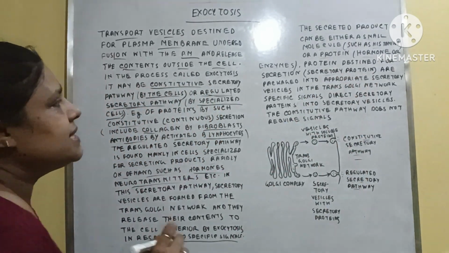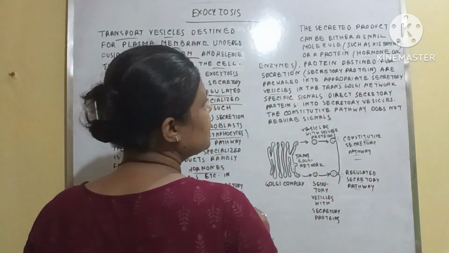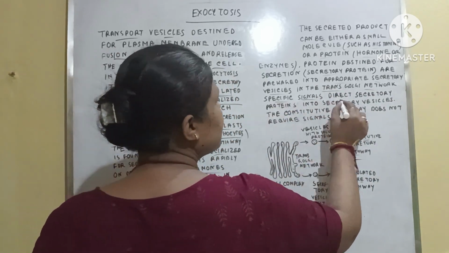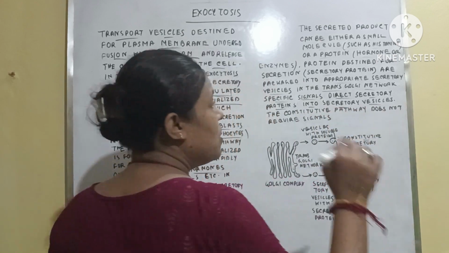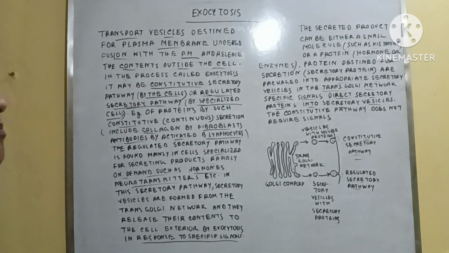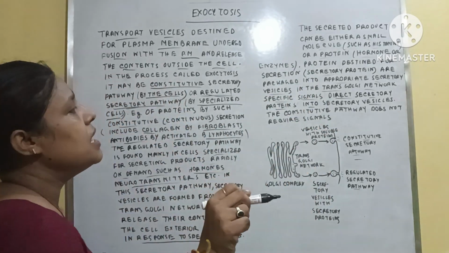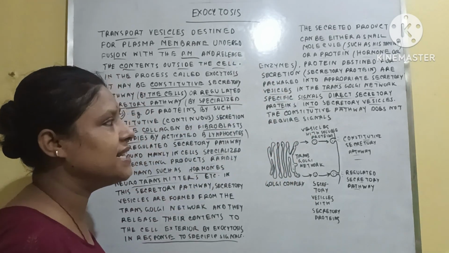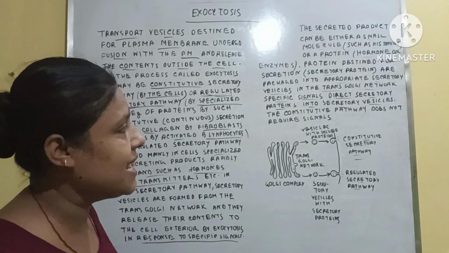These are packaged into appropriate secretory vesicles in the trans-Golgi network, and specific signals direct the secretory proteins into secretory vesicles. Why is this signal very important? Because these signals direct the protein contents to enter into the secretory vesicles for release from the cell.